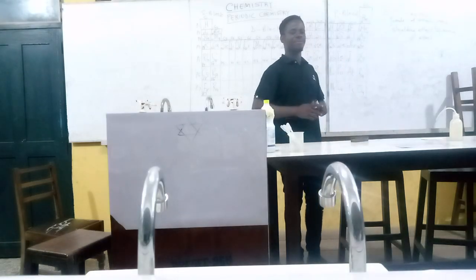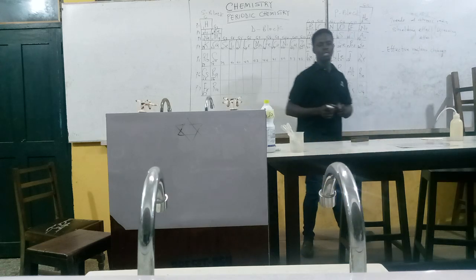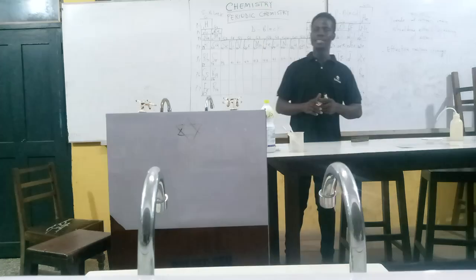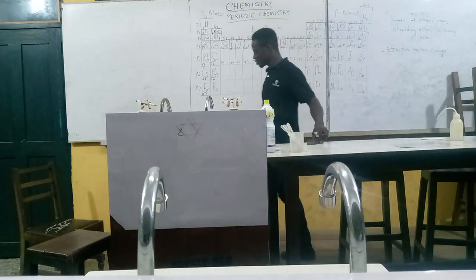That is one thing that affects the size of an atom. And the second thing that affects the size of an atom is called effective nuclear charge. So these are the two main things that affect the size of an atom. Let's look at how this works.